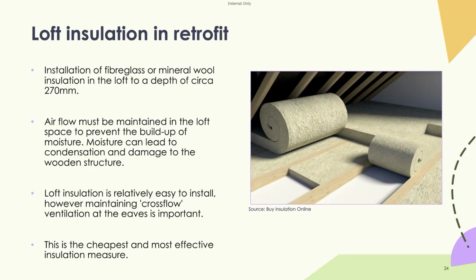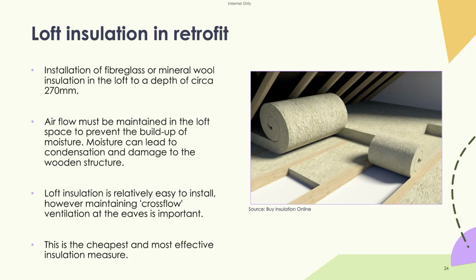So new build homes, you're looking at around 400 mil of mineral wool to hit minimum requirements, but in a retrofit, that's maybe not always necessary. So insulation of fiberglass or mineral wool will usually be around 270 millimeters. You can see on the image here, usually the first 100 millimeters is installed between the ceiling joists, and then another layer of insulation is cross-laid above to provide that total thickness of 270 millimeters.